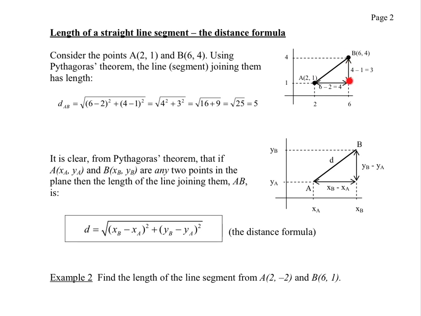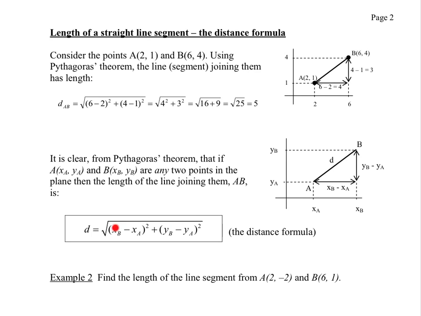And this distance here we get by doing 4 minus 1, because this is up at 4 and this is down at 1. So it's the square root of 4 squared plus 3 squared. It turns out to be 5. So this distance here, AB, is 5.